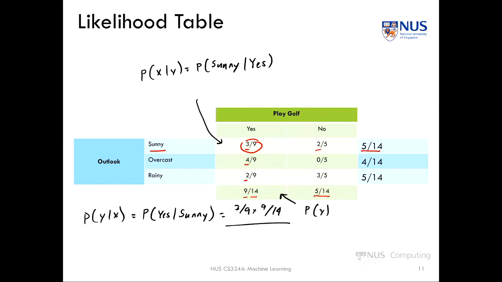And finally, we'll need the unconditional probability that it's sunny outside. I forgot to write this one as well. So here we go.